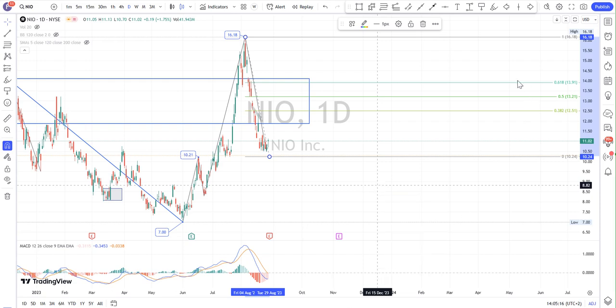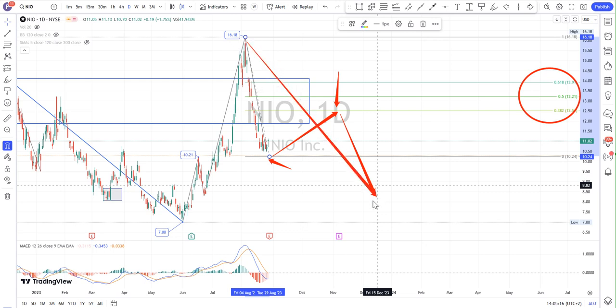As you can see here, we got 3 levels. If it only touches the first one, it means it's really weak, then you can short it at this price level and wait for it to go down, and you can cover after it breaks the new low. In that way, it will try to finish the B wave in the weekly chart.